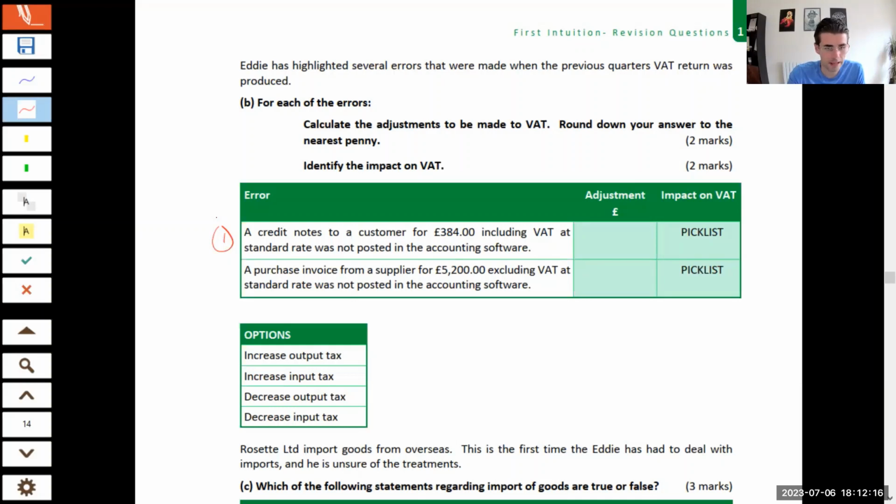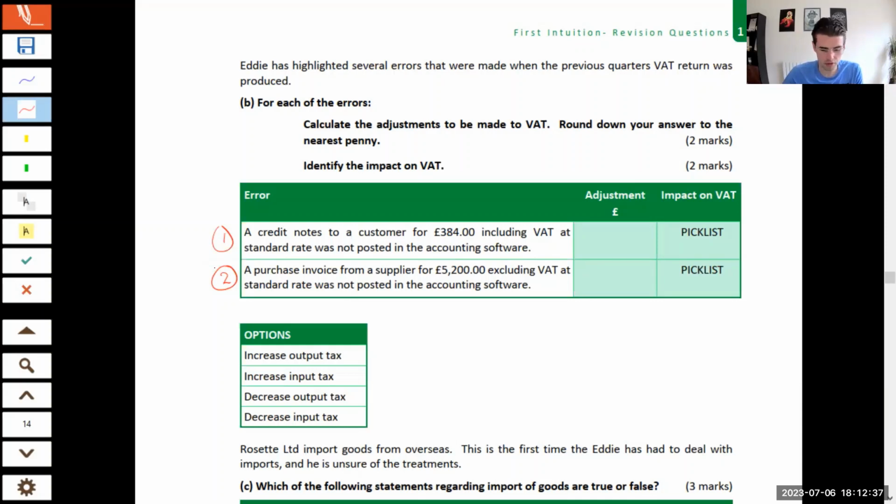So I've failed to post a credit note to the company's accounts. Error number two says that a purchase invoice from a supplier for £5,200, excluding VAT, at the standard rate was not posted in the software. So again, another transaction that is missing.